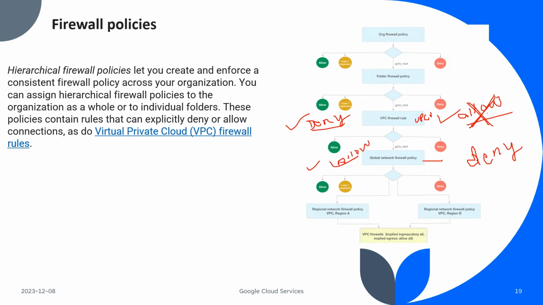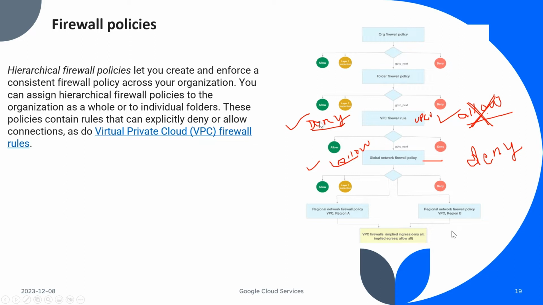The deny will win and the allow will not win because it is lower priority. That is the benefit of the global network firewall policy. If you want to apply a global network firewall policy, make sure the same firewall rule is not there at the VPC firewall. Otherwise, this will win.